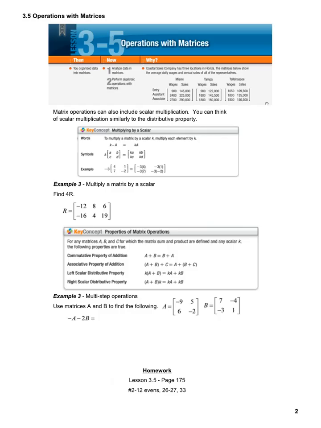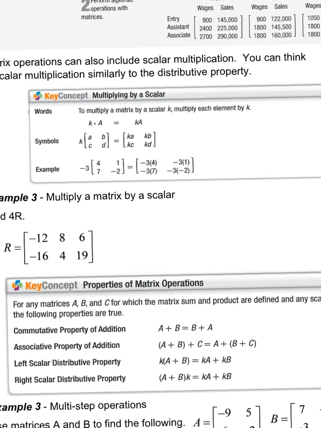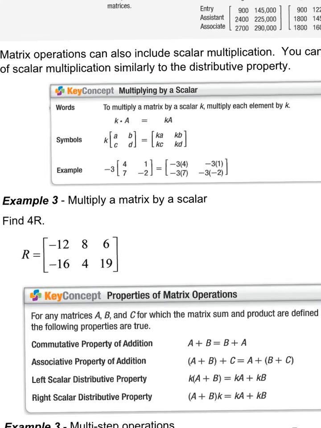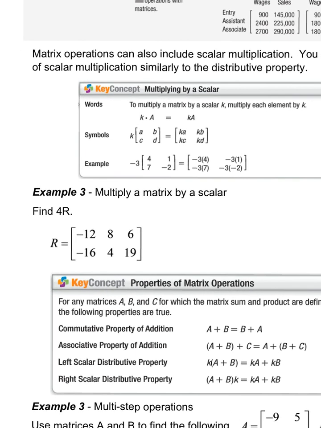All right, we also have scalar multiplication to explore today. This is super, super straightforward. All you really need to think of is the distributive property. So on example 3, if I want to find 4r, literally 8, 6, negative 16, 4, 19, those should be brackets.